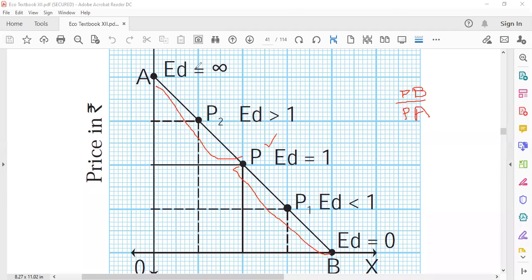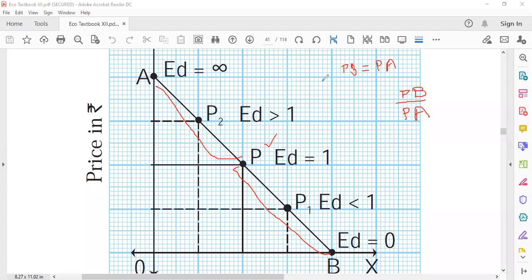Now we can say that this point P on the demand curve divides the demand curve into the two equal segments. तो अभी ये जो point P है डिमांड कर्व को दो इक्वल सेगमेंट में डिवाइड करें. We can say that PB is equal to the PA. यहाँ पे PB और PA both are equal, दोनों इक्वल हैं.